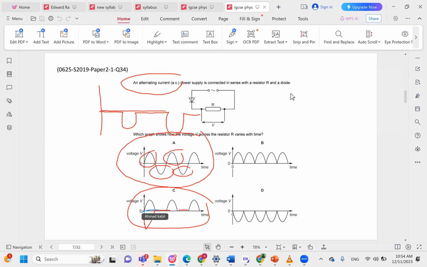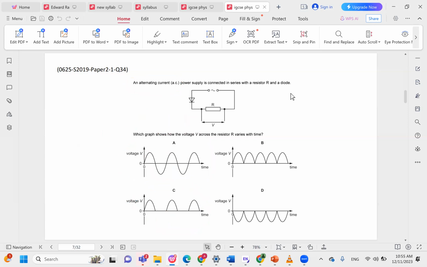So just 0 and then negative and then 0 and then negative and then 0. This would have been also correct. But either this part only or this part only, because as you can see, together they just give you back option A. So like we said, option A is the alternating current. Option C is what a diode does to the alternating current.